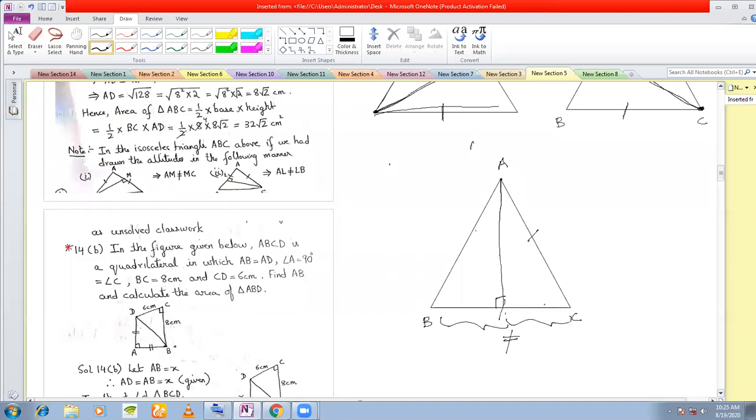Oh, yes, sir, now I understood. From the vertex where the equal sides meet. So this is your vertex where the equal sides are meeting.